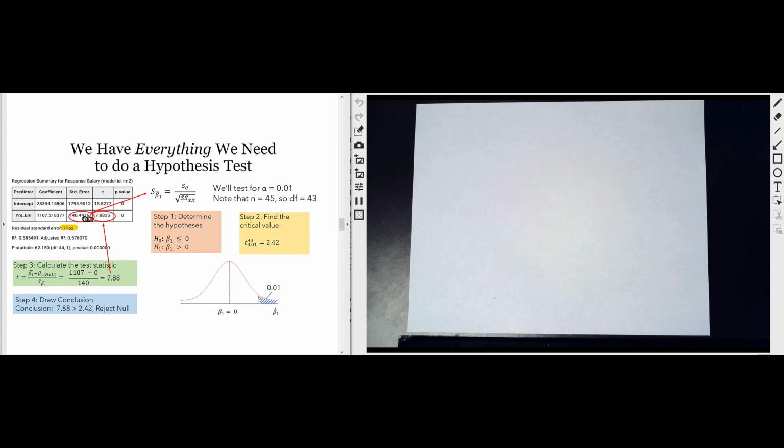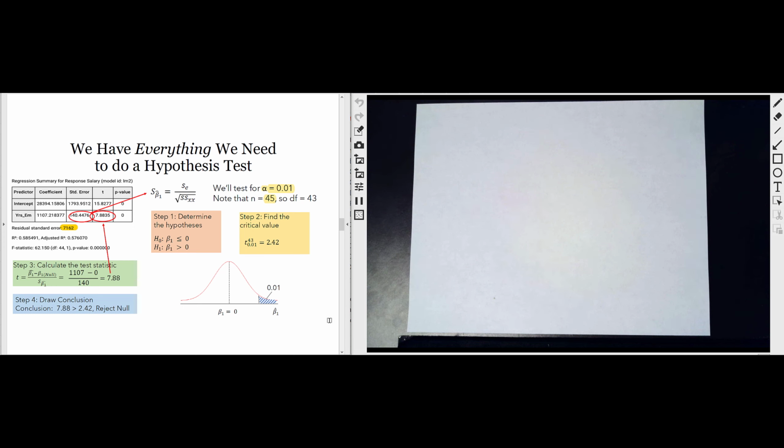Now, we are doing a test at a significance level of 0.01, and in this data set we have 45 people in our sample.